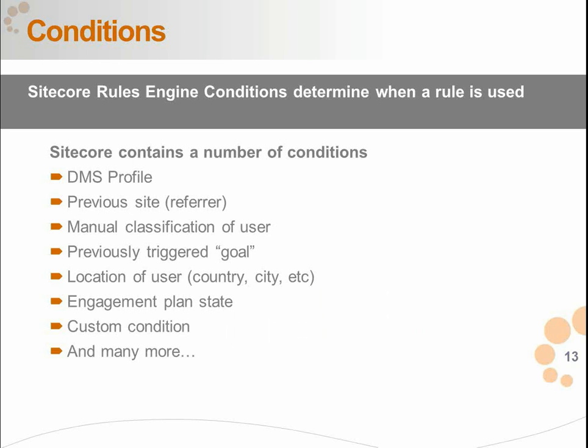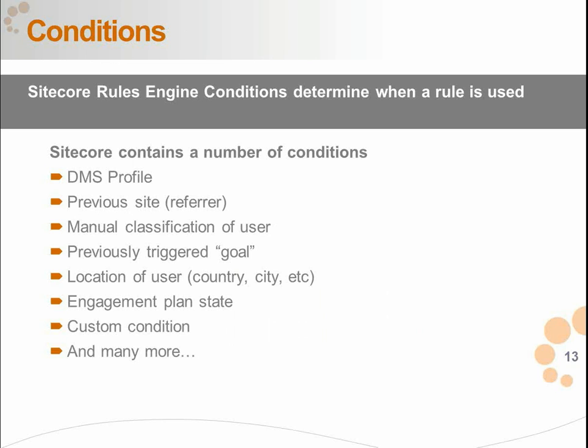We could also create a condition based on the location of the user, such as city, country, etc. We could create a condition based on the engagement plan state. So engagement plans are another aspect of DMS. Now, I know that there's an official explanation out there about what they are, but I still can't find a better explanation for what an engagement plan is other than it's a workflow for people.